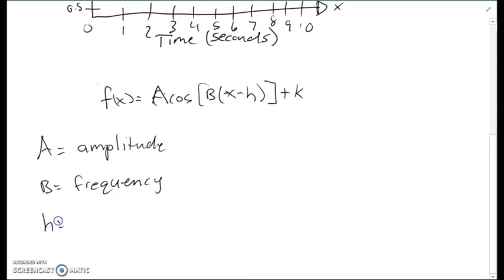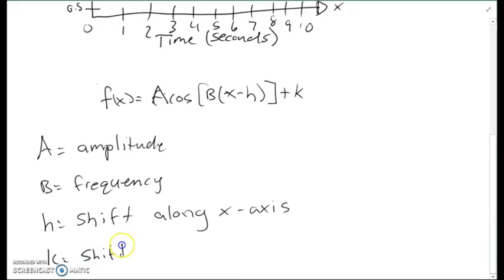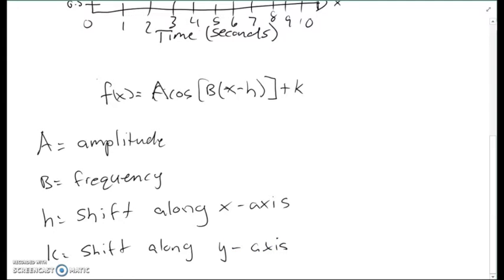H is the shift along the x-axis, and K is the shift along the y-axis. The amplitude is the minimum and maximum.